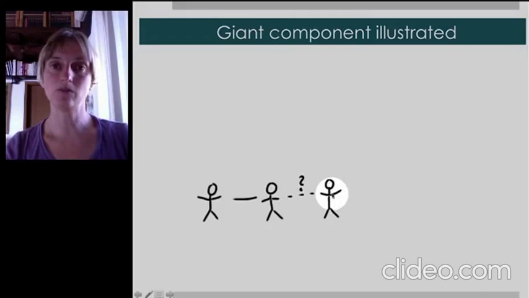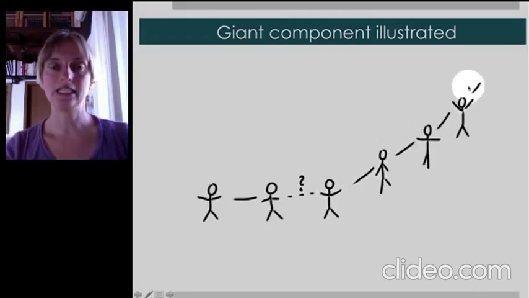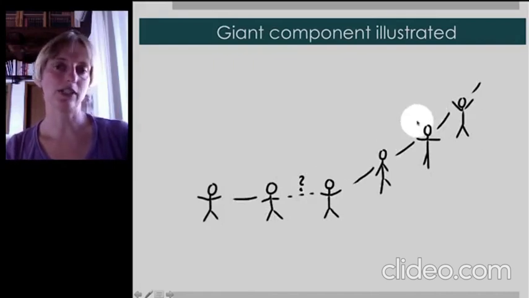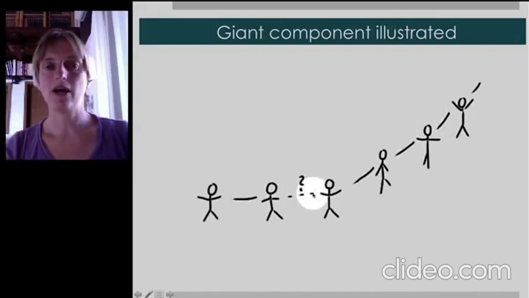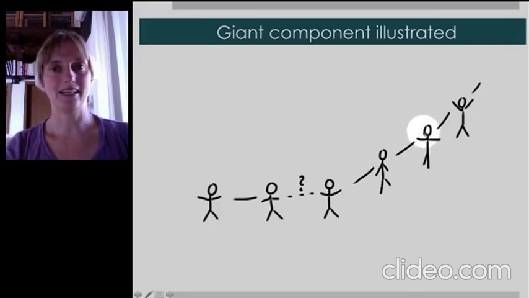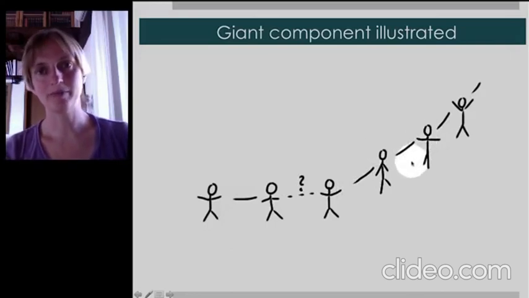If it's at least 1 other person on average, then this chain can continue, and we're likely to be part of this giant component through which information or disease, etc., can spread. However, if my friend has fewer than 1 other friend on average, then it's likely that this chain is just going to terminate sooner rather than later.